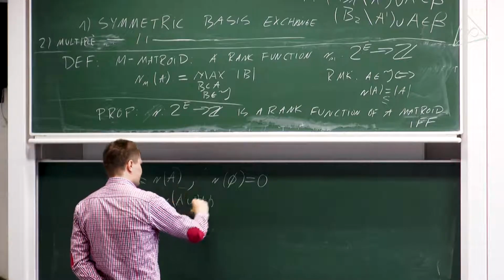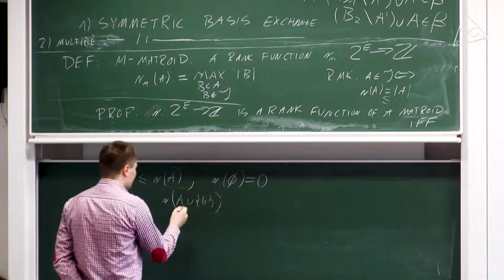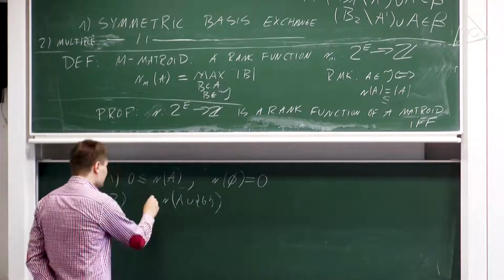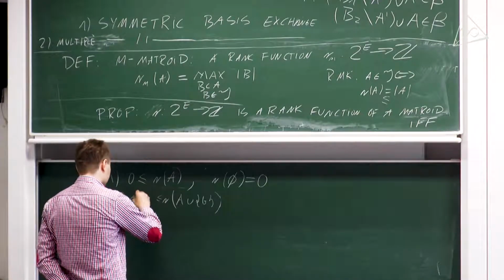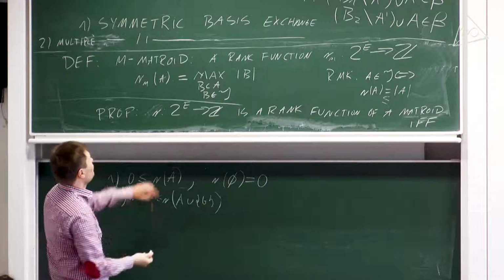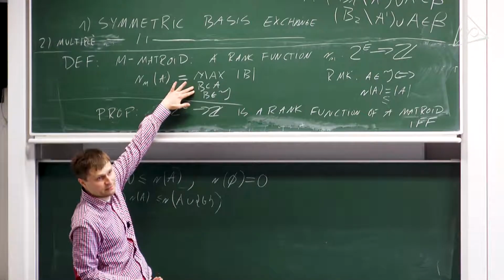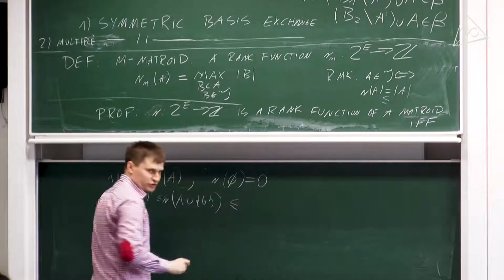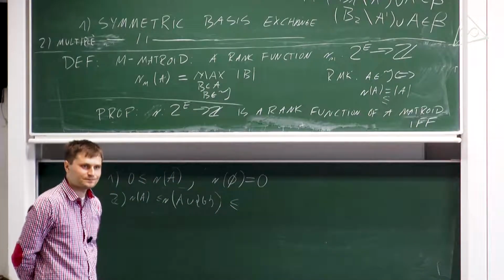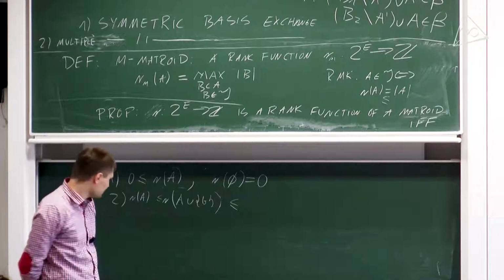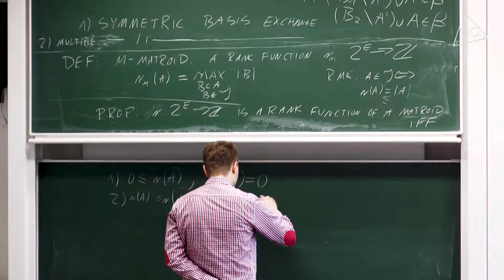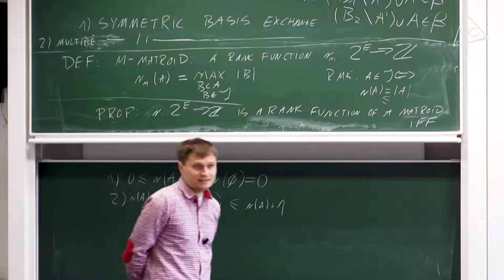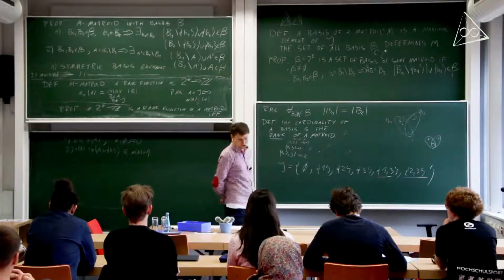What's the rank of this with respect to the rank of A? Yes, so first of all, it can only grow. That's clear, because here we just take maximum over a bigger family. Yeah? But it cannot grow too much. Plus 1. Okay, so these are easy to guess. There are easy necessary conditions for a rank.